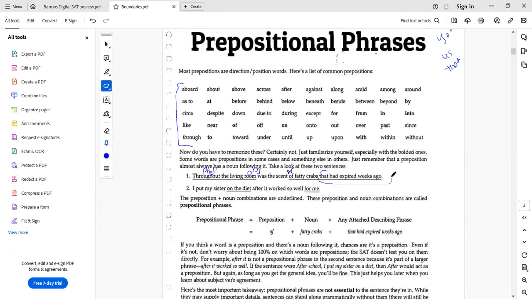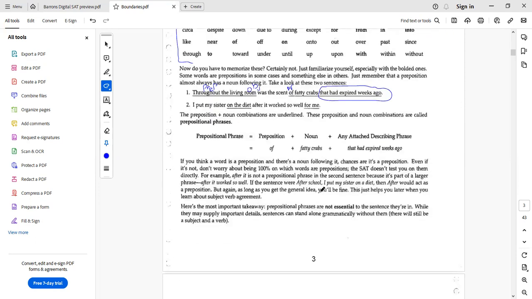This, as you can find, is a relative clause. On the diet: on is the preposition, diet is the object of the preposition. For me: for is the preposition, me is the object of the preposition.